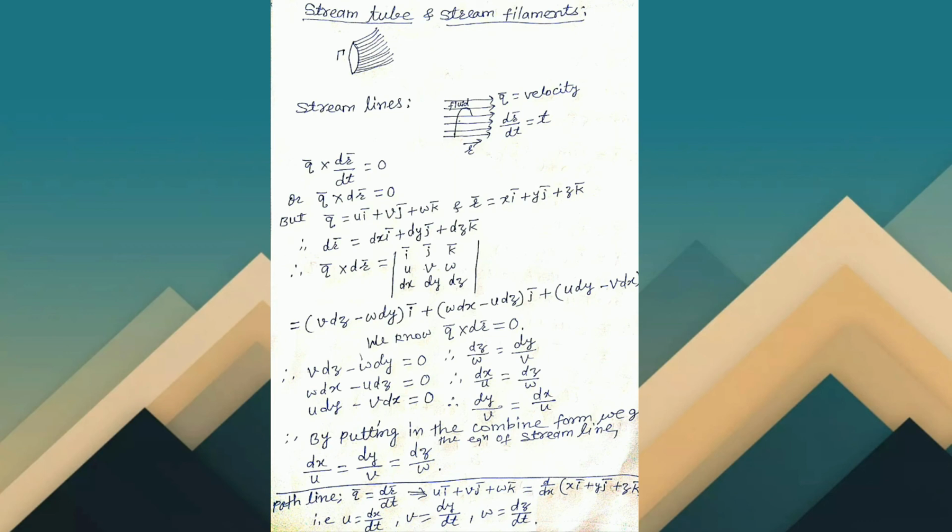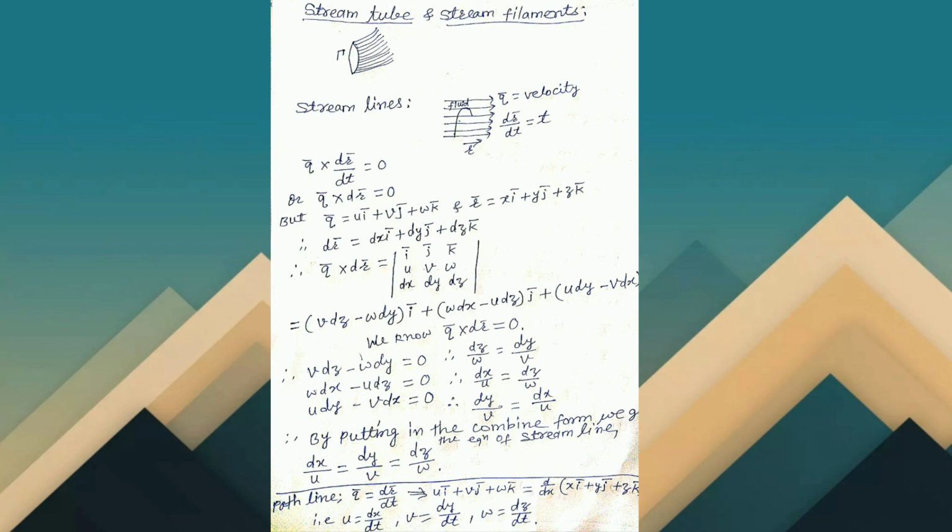What is a streamline? A streamline is a curve drawn on the fluid surface such that the tangent at any point is along the direction of motion. Now suppose we have q bar cross dr bar by dt is 0. So q bar cross dr bar is equal to 0.